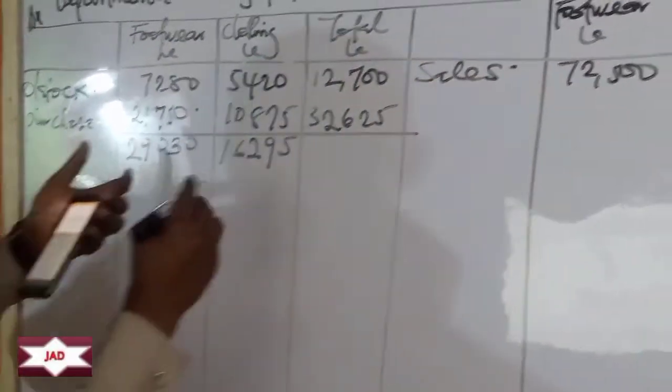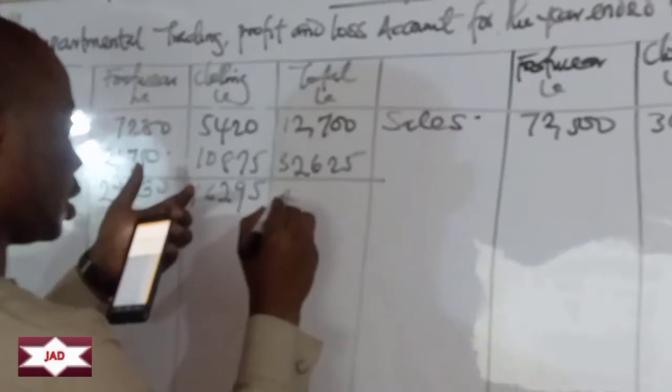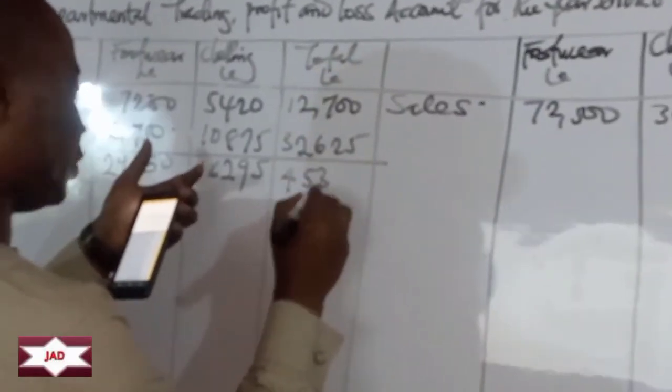That'll be 45,325. So this will be your cost of goods available.